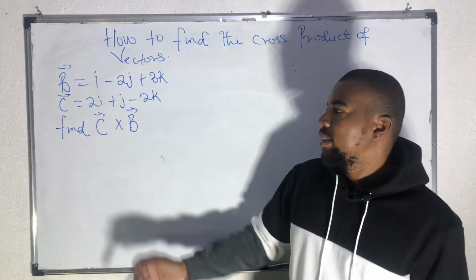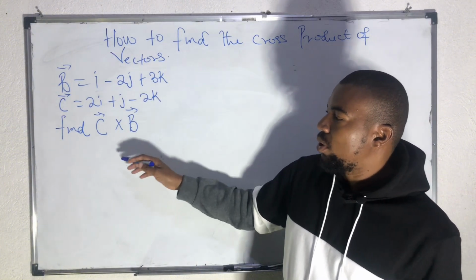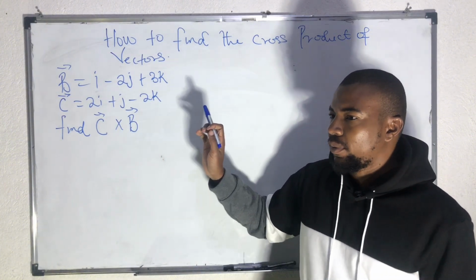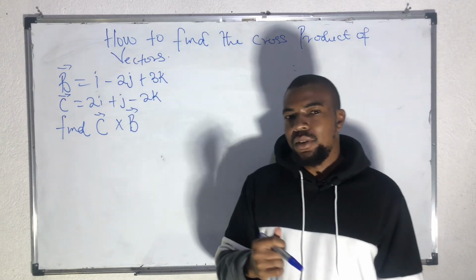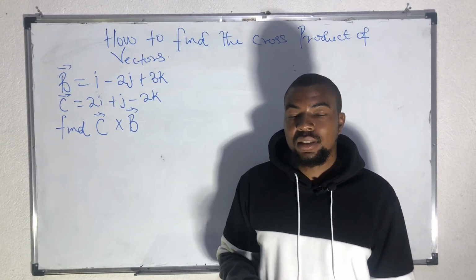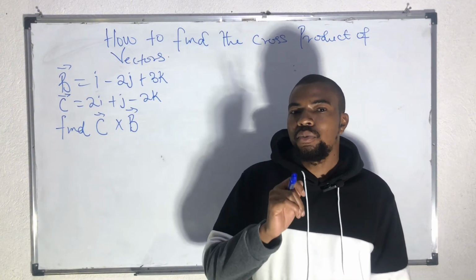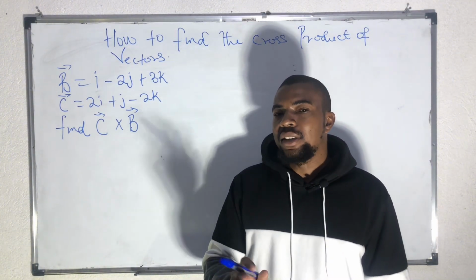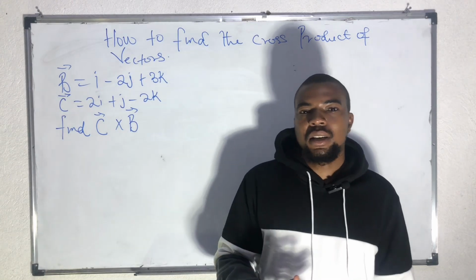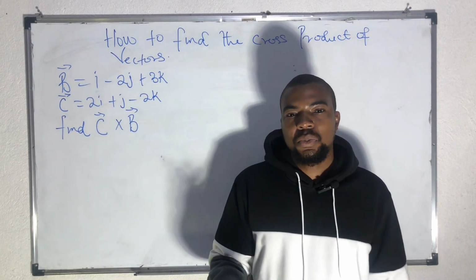We have to find C cross B. We're going to find the cross product of these two vectors. I need you to understand something. When it comes to finding a cross product of two vectors, C cross B is not equal to B cross C. Some students make a whole lot of mistakes here.